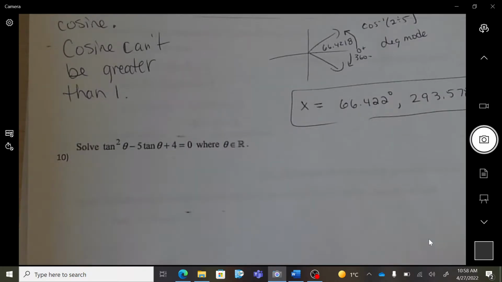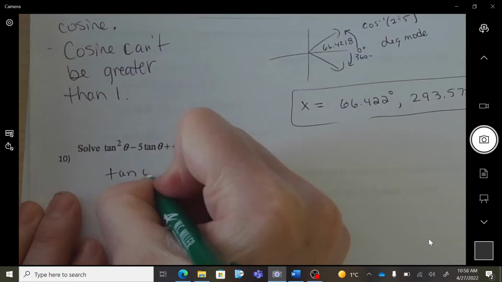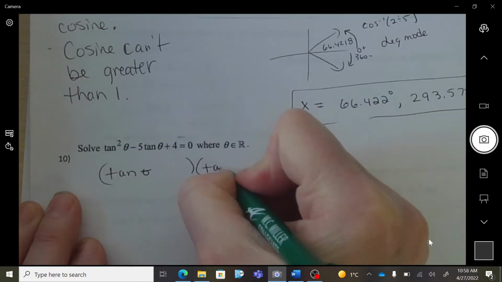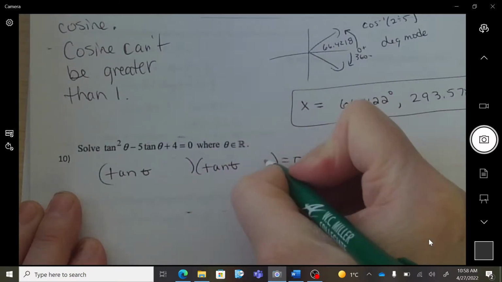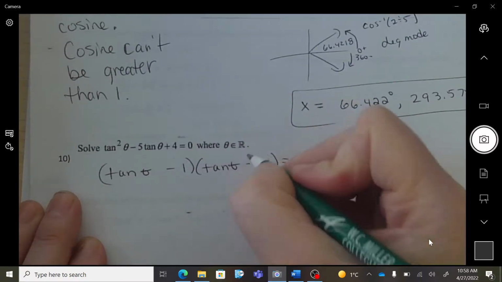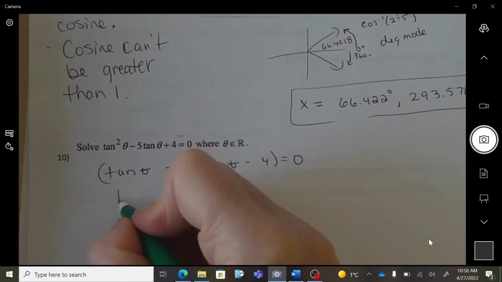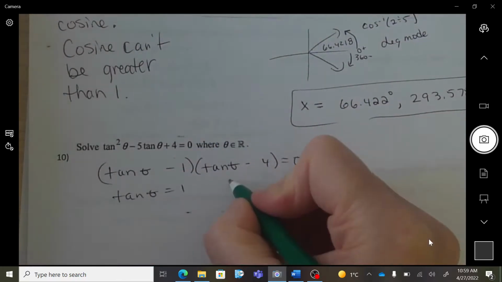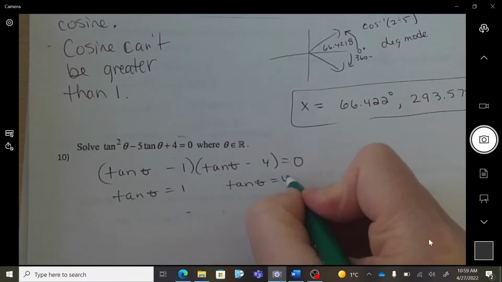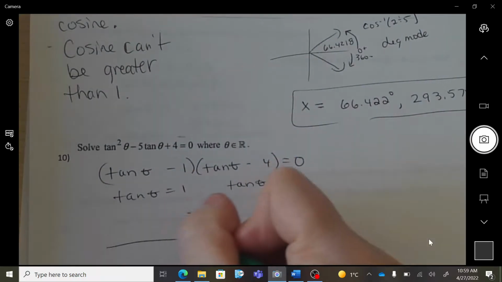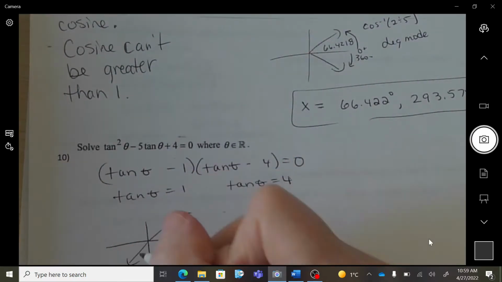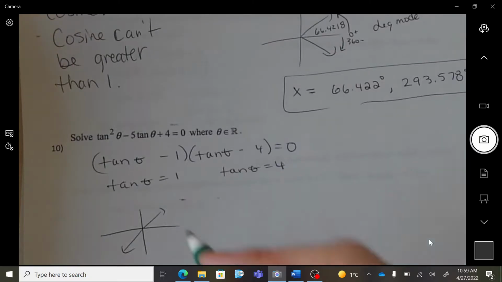Solve. Okay, I'm going to try to factor. So tan angle equals 1 or 4. So this is on the unit circle where tan is positive.